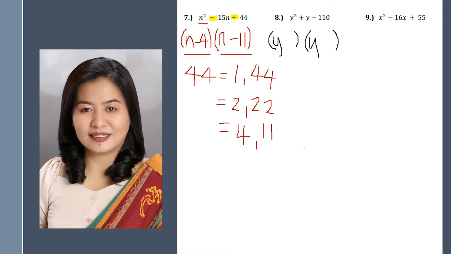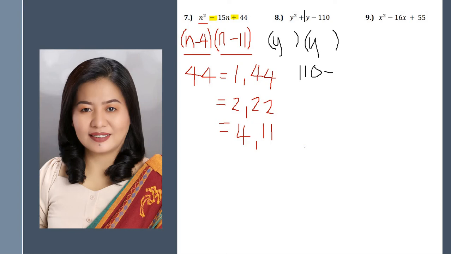Factors of 110 that give us a difference of 1. So there's an invisible 1 here. So we can now list down our factors of 110.